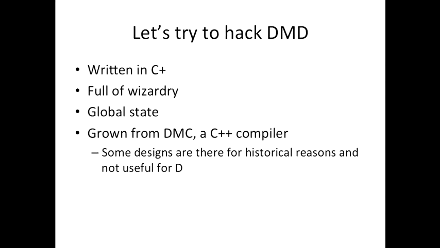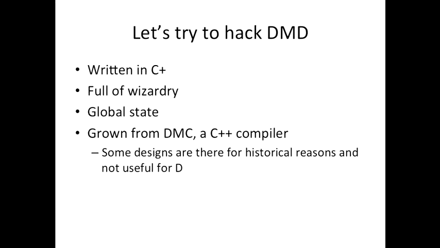My first idea was to start working on DMD and extract a part of DMD to create a library from it. The problem is that DMD is written in C++. It's full of wizardry. There is some global state in it. With all that, it's very difficult to isolate the working part and make a library.